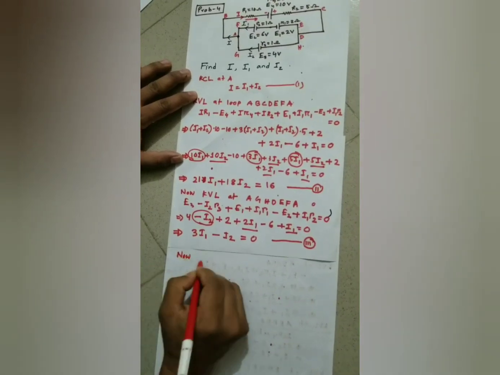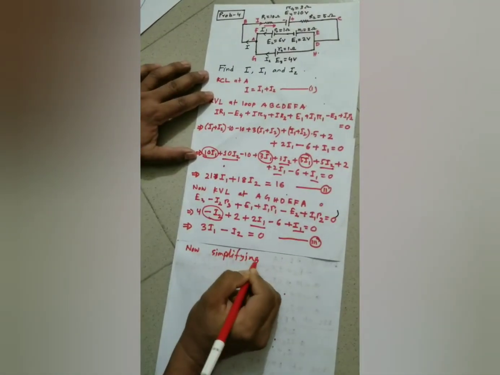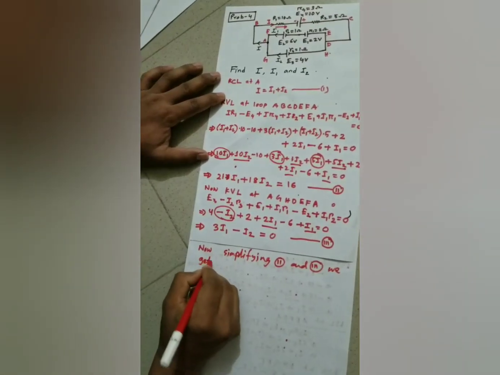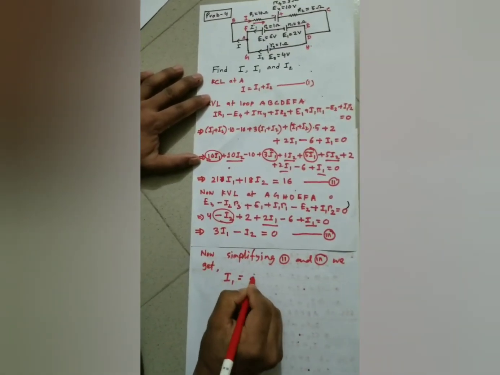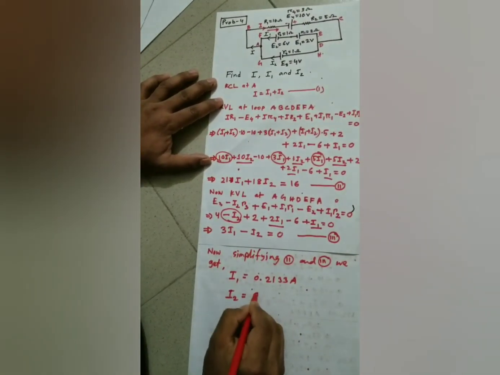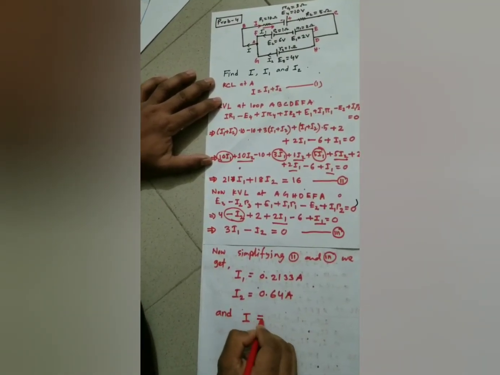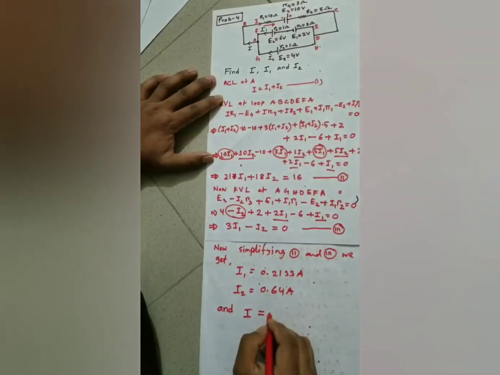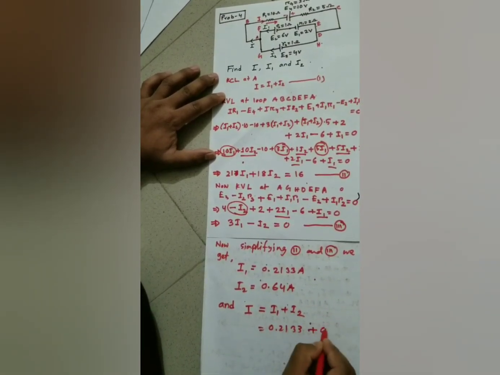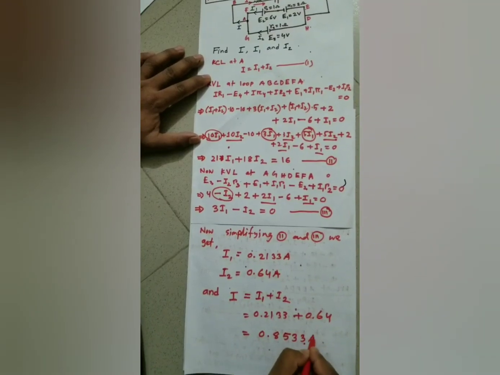Okay, now simplifying equations 2 and 3, we get I1 equals 0.2133 ampere, I2 equals 0.64 ampere, and putting the value of I1 and I2 in equation 1, we get I equals I1 plus I2, that means 0.2133 plus 0.64 equals 0.8533 ampere.